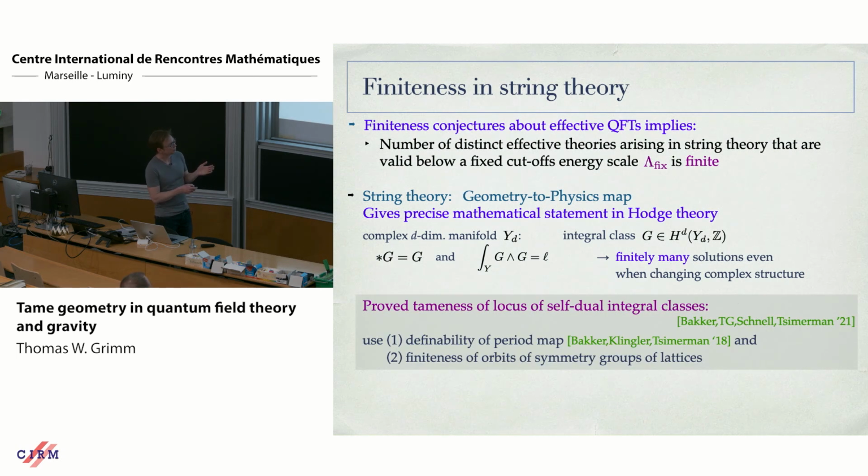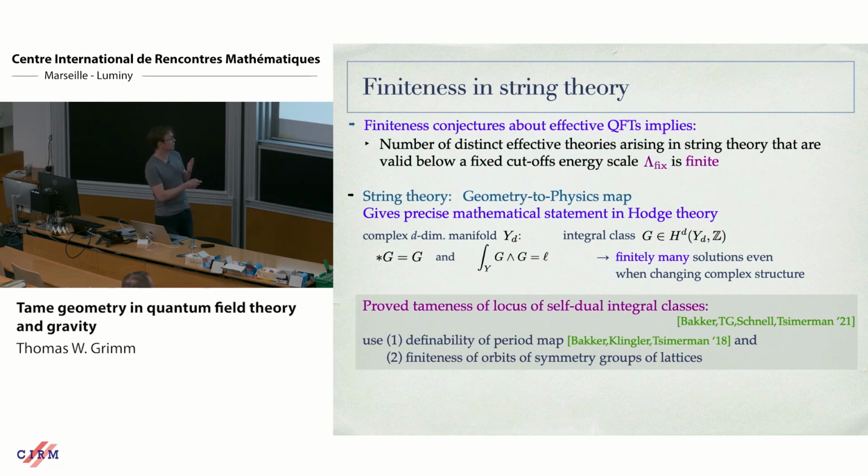So I talked to Christian Schnell about this, and it was right about the time where the tameness of the period map was proved. And despite trying hard, and I tried with my students very hard later on using asymptotic Hodge theory, it's extremely hard to prove this directly.